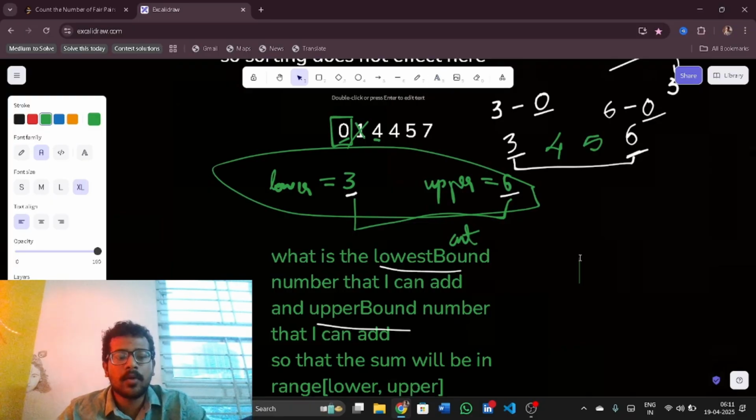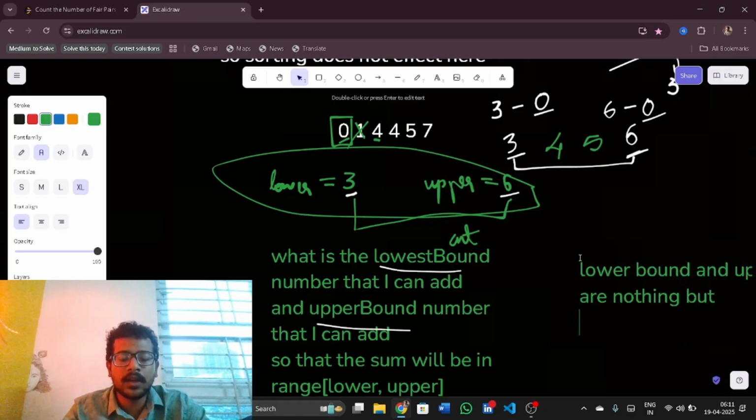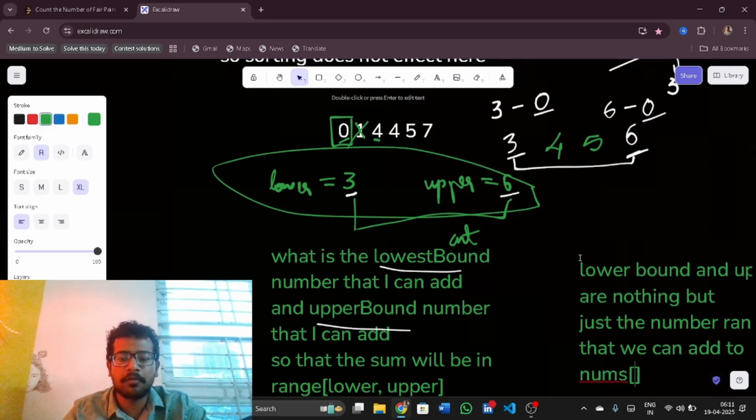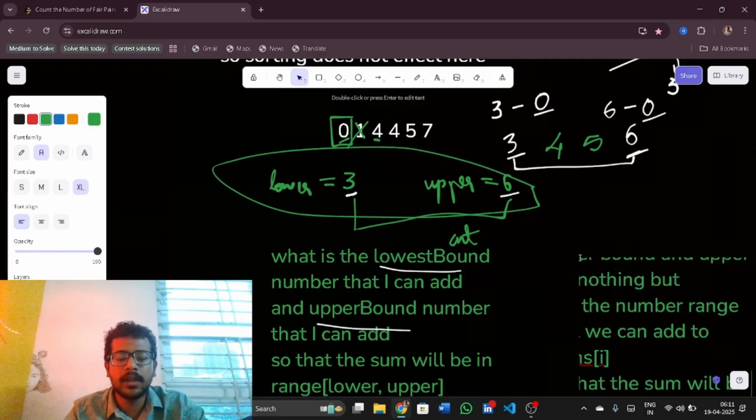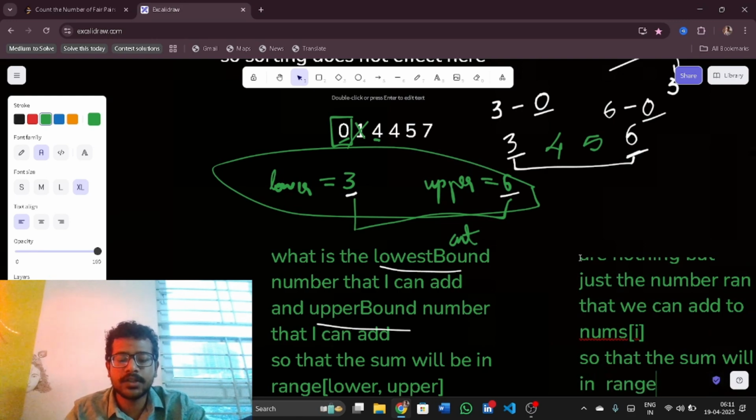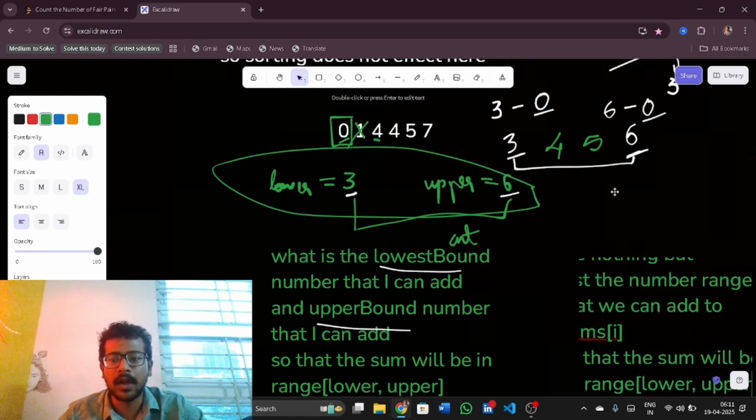Lower bound and upper bound are nothing but just the number range that we can add to nums of I, so that the sum will be in the range of lower and upper, right?